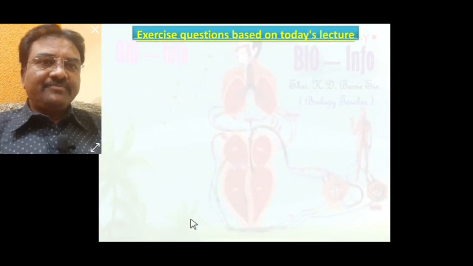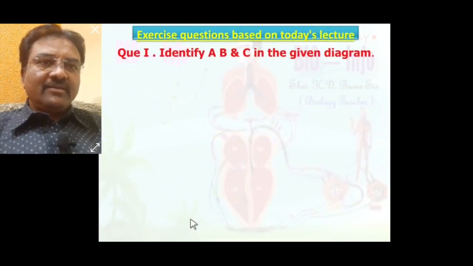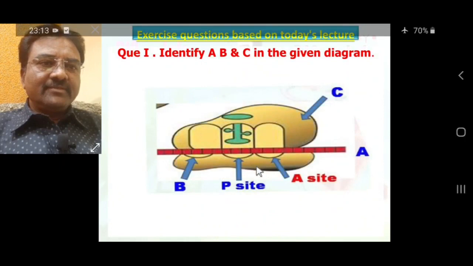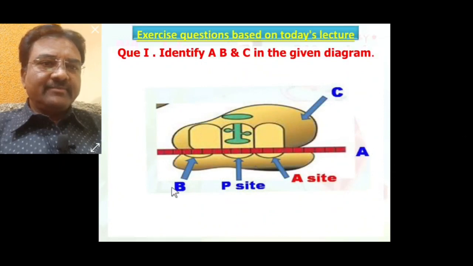Now identify A, B, and C in the given diagram. Here A is the mRNA strand, B is the E site present on the ribosome, and C is the larger subunit of the ribosome.